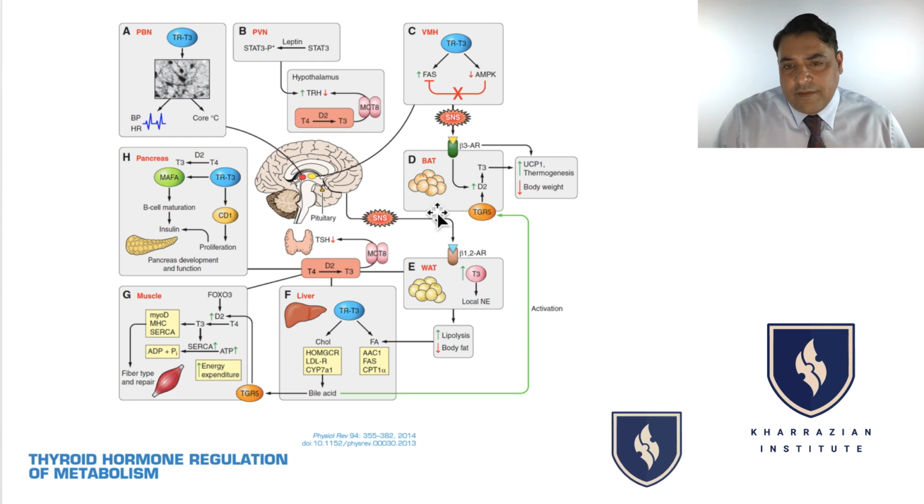Now, that's different than white adipose tissue. White adipose tissue is really more used for energy, whereas brown adipose tissue is really more involved with modulating thermogenesis and control. But thyroid hormone, T3, also activates the adrenergic receptors. You can see B1, B2AR.